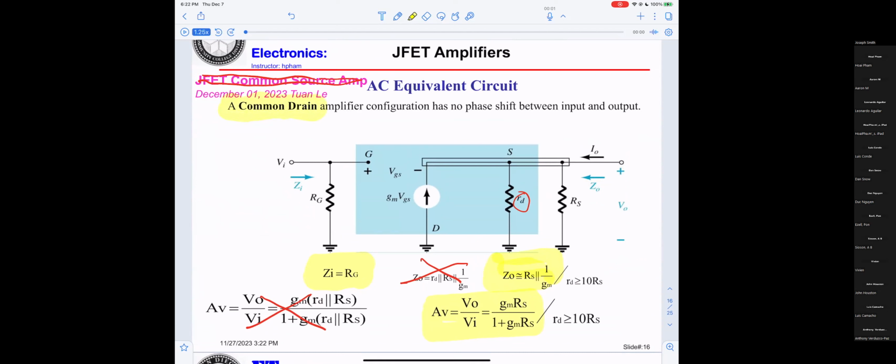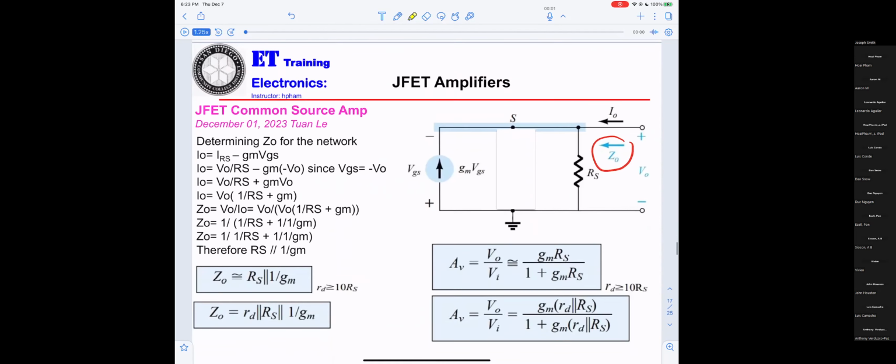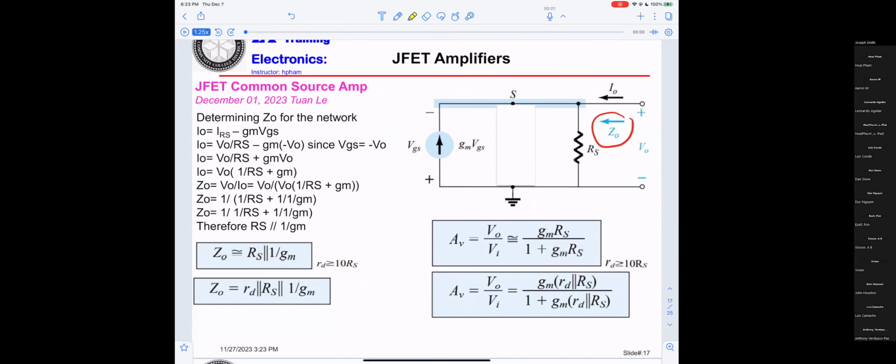Common drain amplifier, that's no phase shift. Okay? And this is a common drain. Okay? If you want to calculate whatever here, D out, output impedance, remember, we're not using this formula.